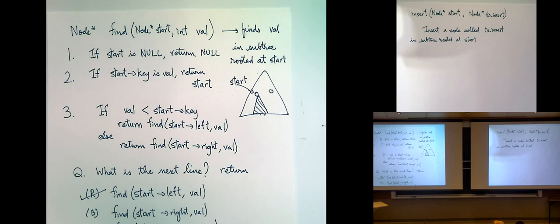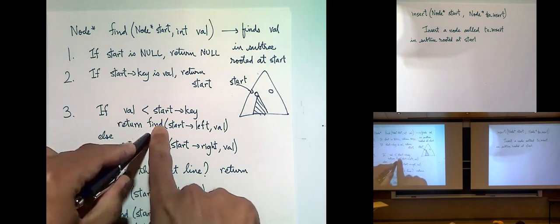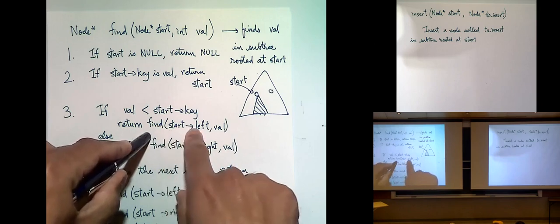Good question. Why is this code starting at some intermediate node and not at the root? Because you're doing it recursively. And so when you do the recursion, you're calling it on some other node here.